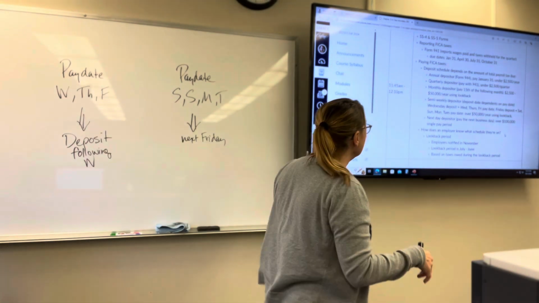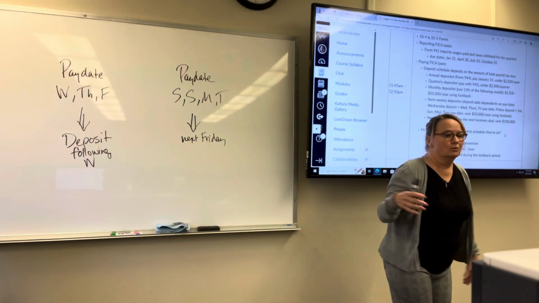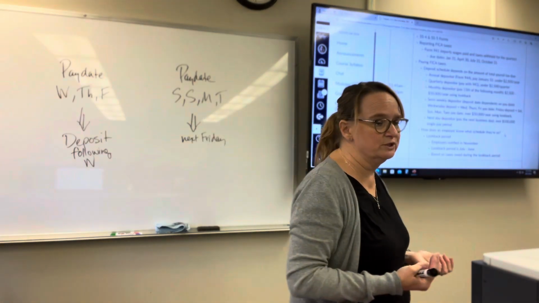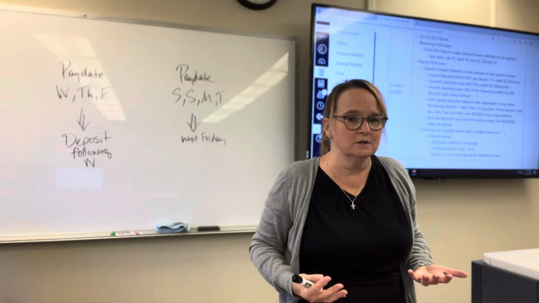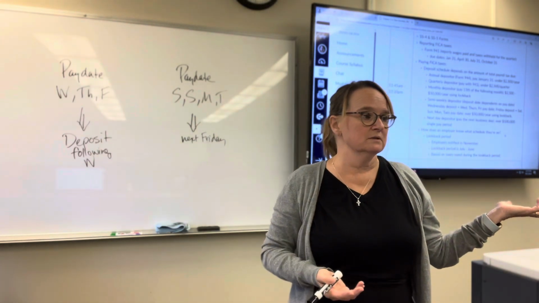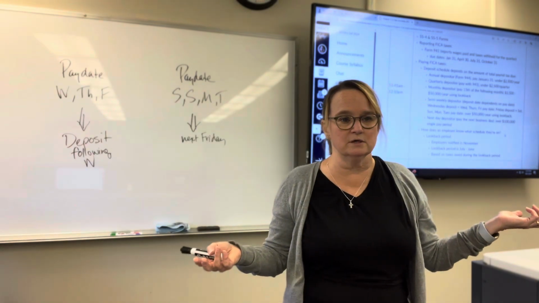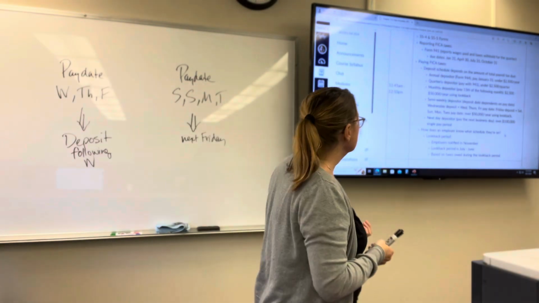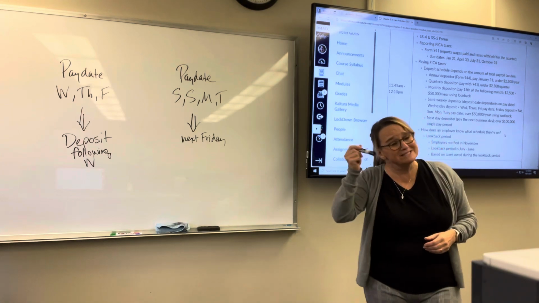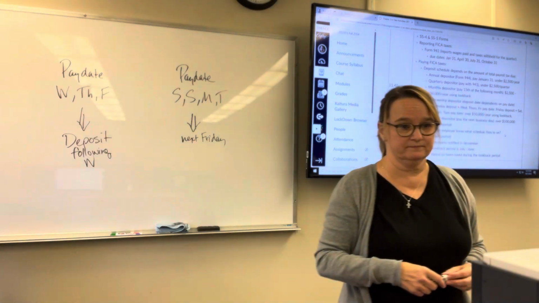Now, how can we tell what schedule we should use? We can't look into the future, right? And see, oh, we're going to owe $50,000, $60,000 this year. What the IRS does is they have what's called a look back period. The IRS tells you what your schedule is.